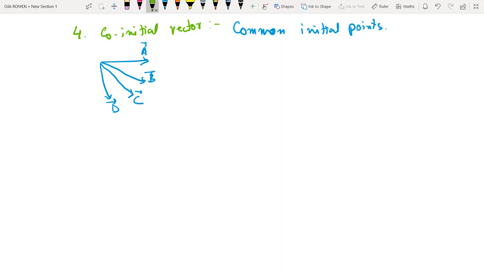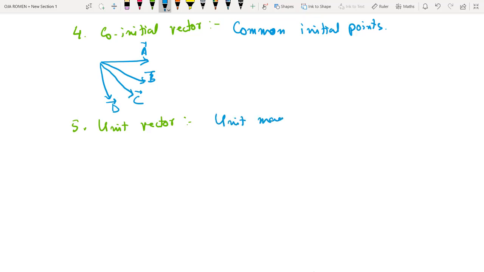Then unit vector. A unit vector is a vector having unit magnitude.